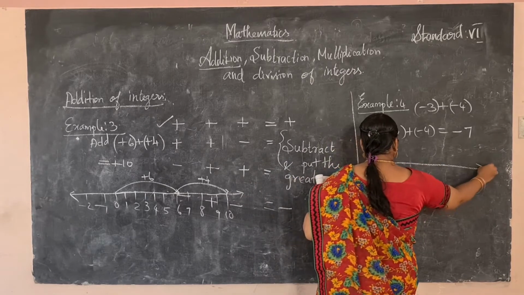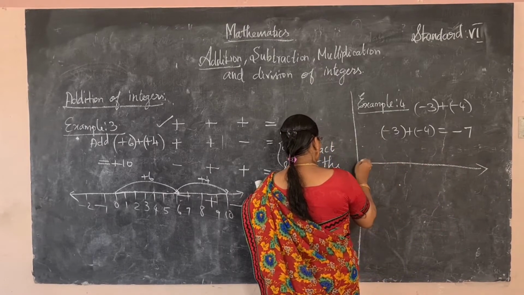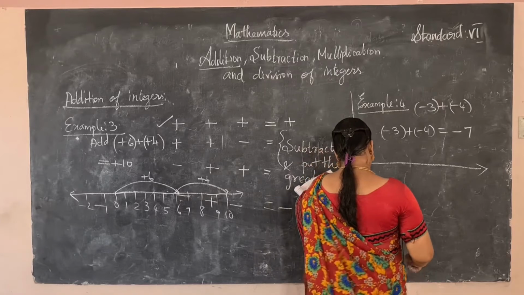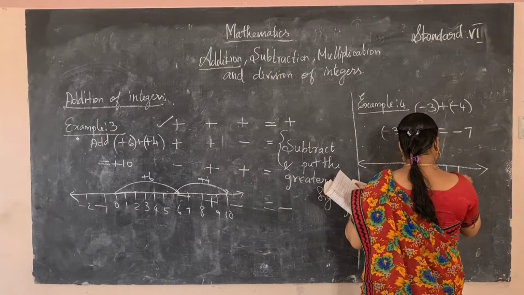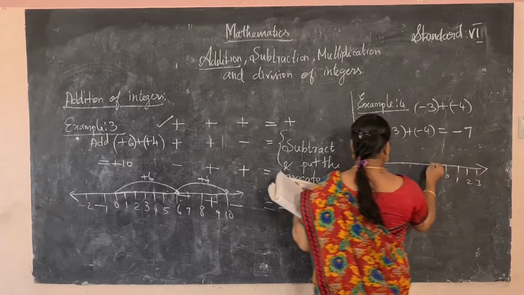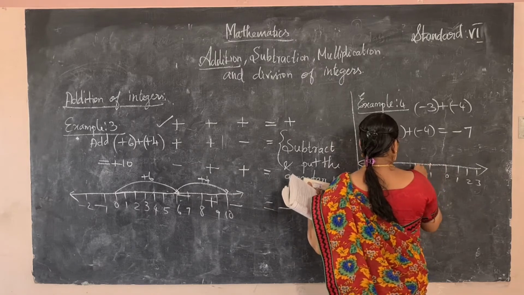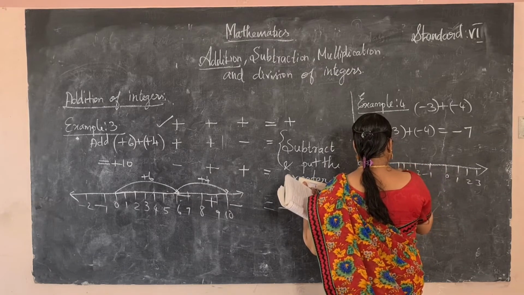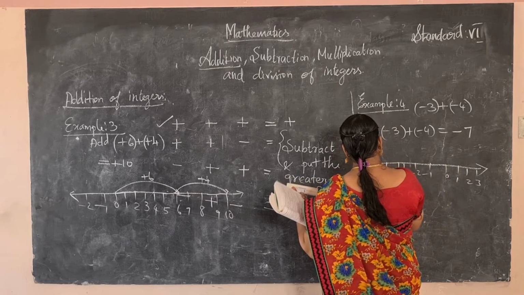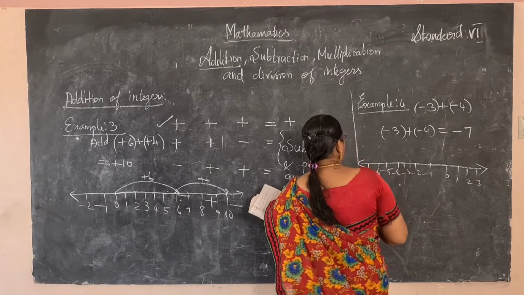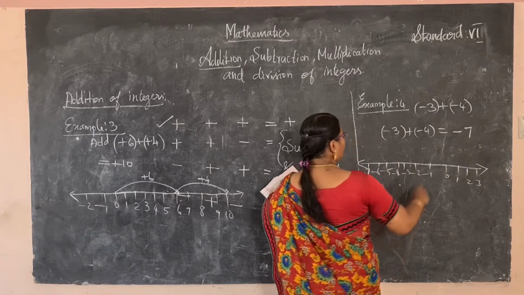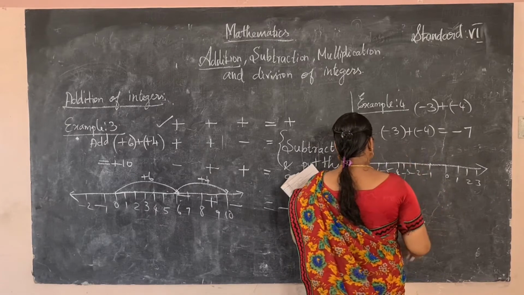How do you draw the number line? So number line 0, 1, 2, 3. The negative values are given: minus 1, minus 2, minus 3, minus 4, minus 5, minus 6, minus 7. From the beginning, what is the value? Minus 3.